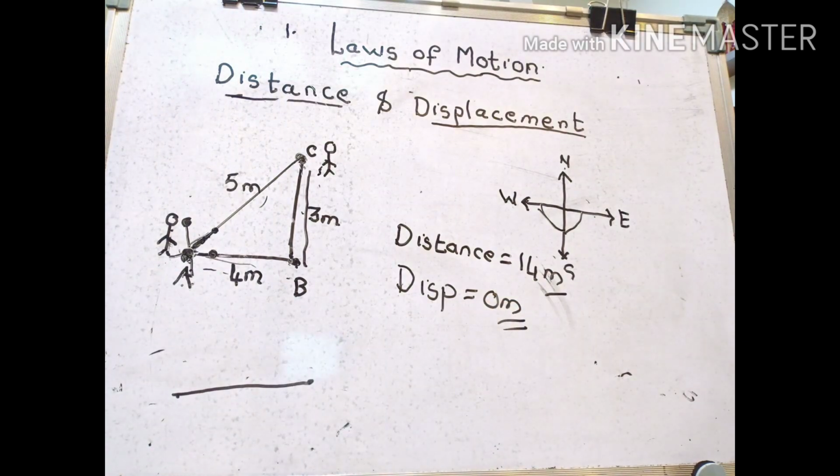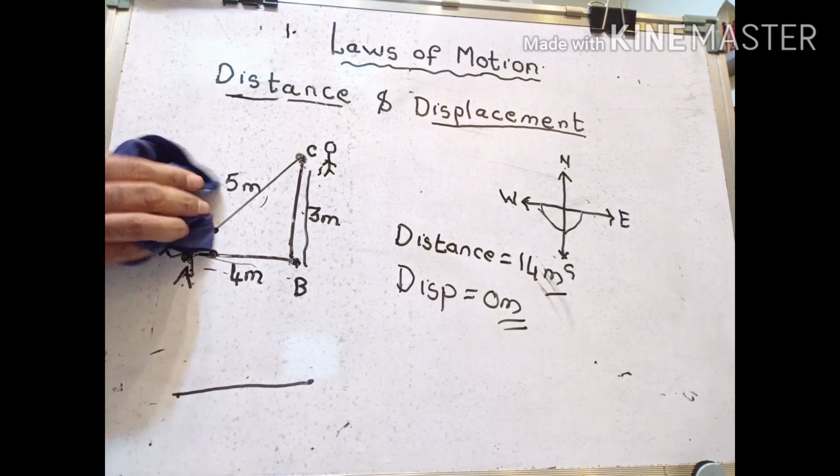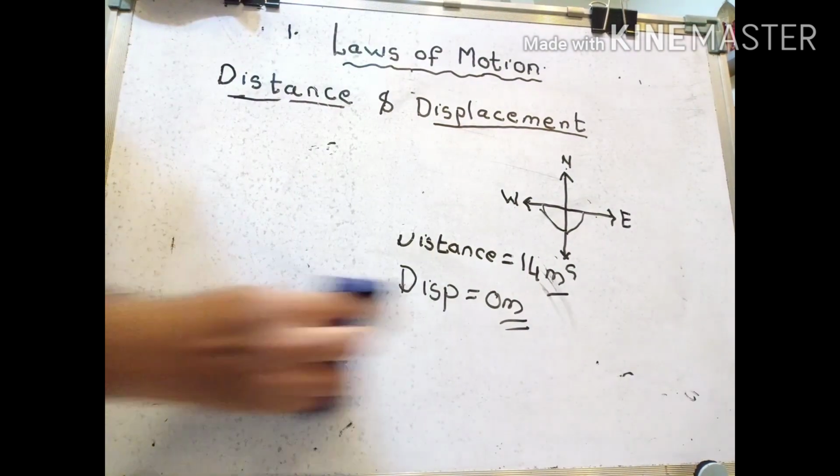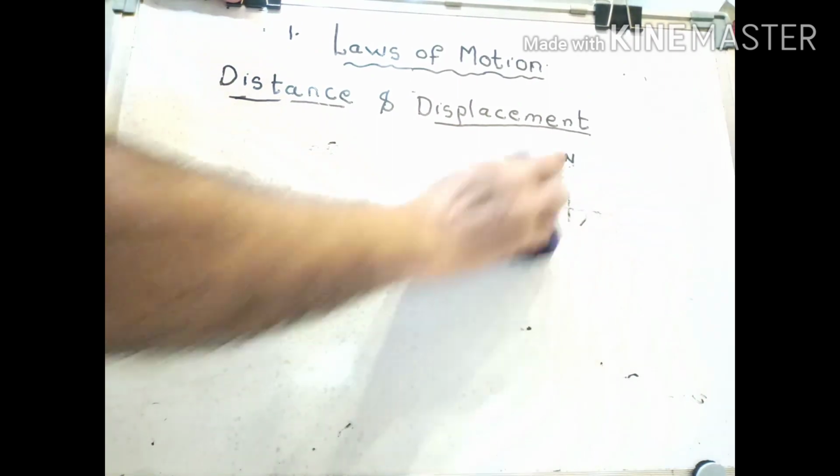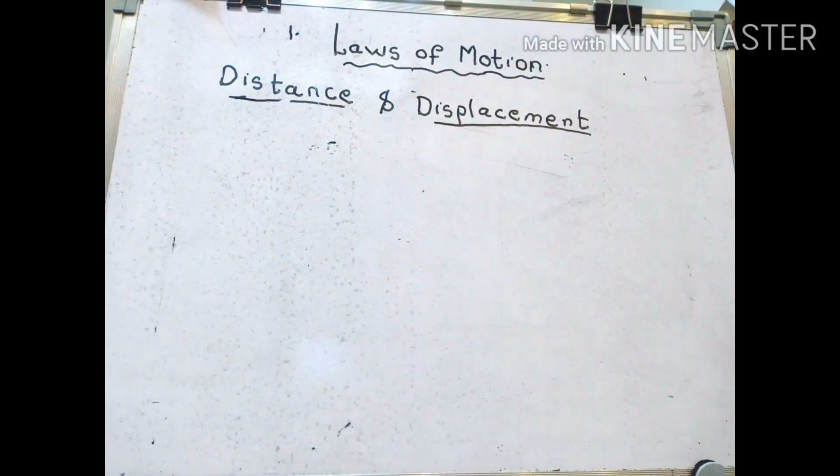Yesterday I even gave you the example of a girl moving on a circular track, if you remember. So these are examples which should clarify your concept of distance and displacement. Still there are some more points which I would like to bring to your notice so that the point gets very clear.